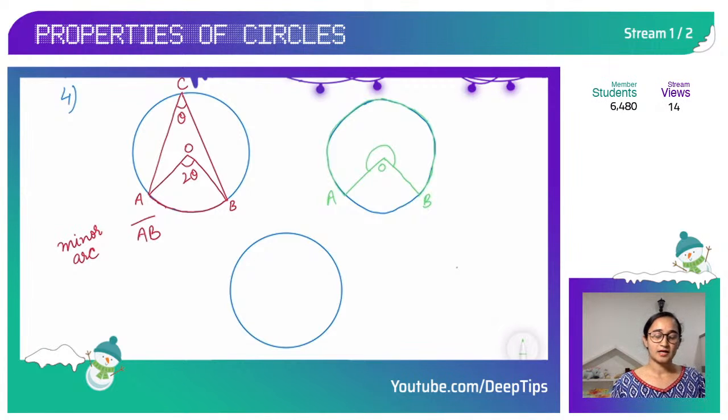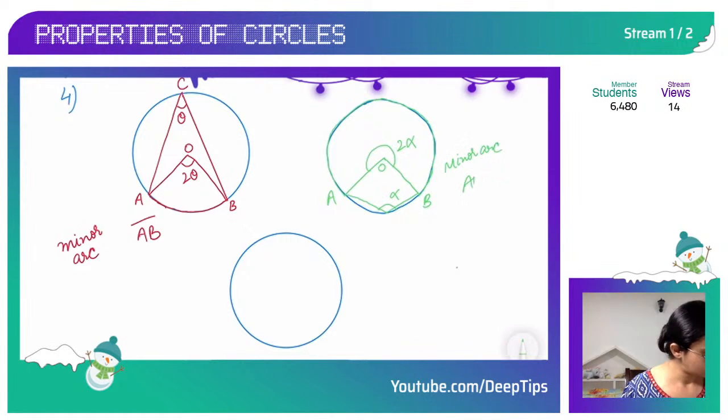And where will it subtend the angle on the circumference? So let's draw that. This is the angle that it is subtending at the circumference. Let's mark it as alpha, and this is my 2 alpha. I hope this is clear to everyone: major arc and minor arc, how they are subtending the angles at the center and on the circumference.